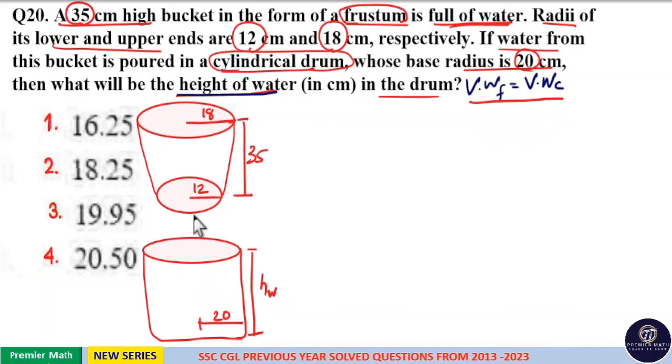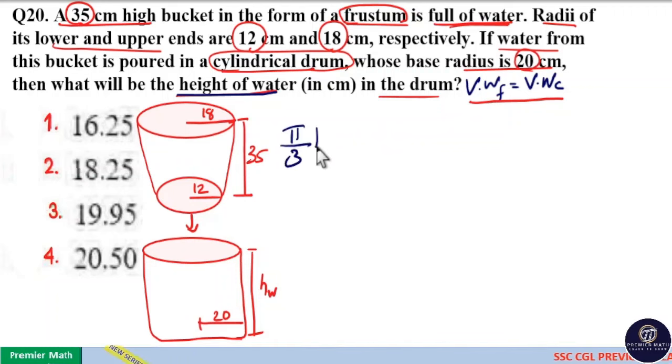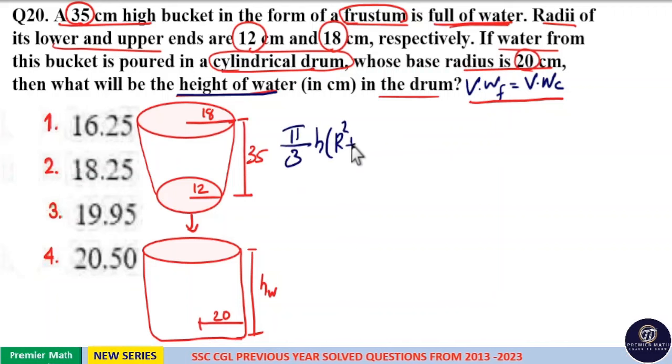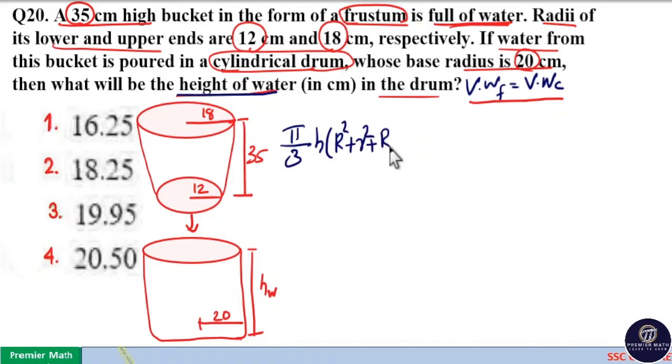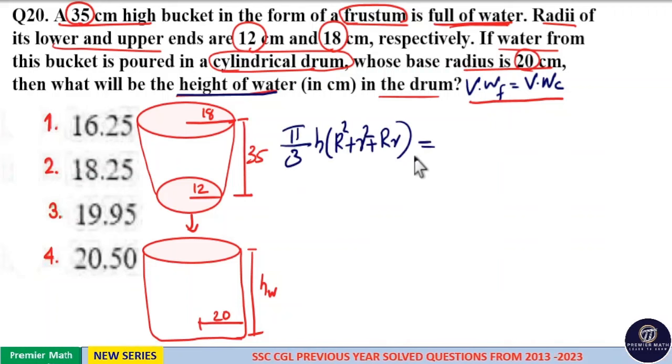That is, when you pour this water from frustum to the cylinder, volume of water is equal. So, volume of water in frustum means volume of frustum, which is equal to pi by 3 h into capital R square plus small r square plus capital R into small r, which is equal to volume of water in this cylindrical drum. So, volume of cylinder is equal to pi r square h. Here h is equal to height of water.